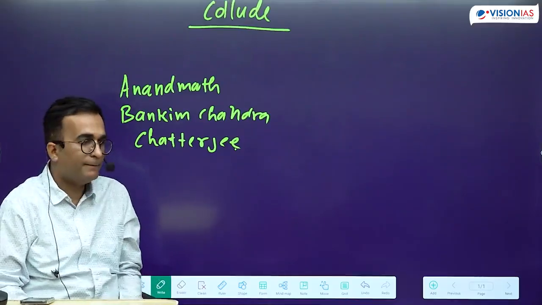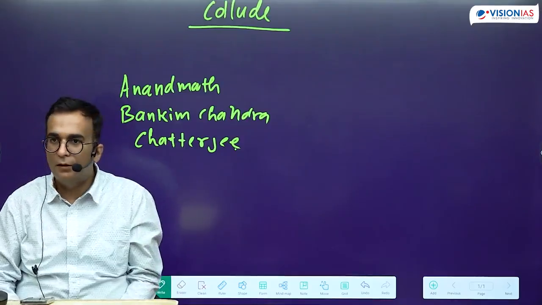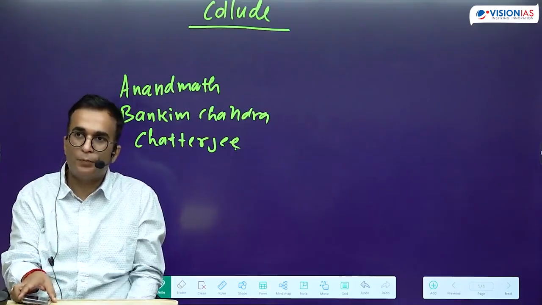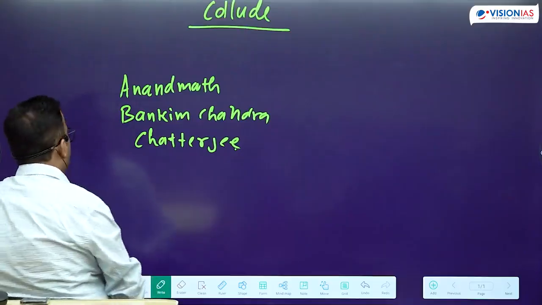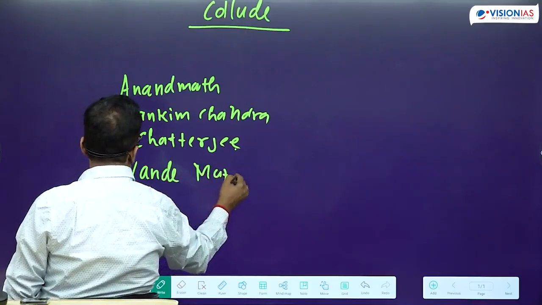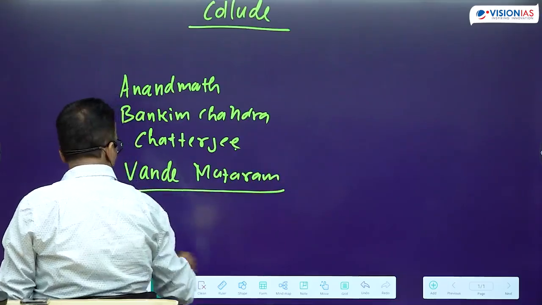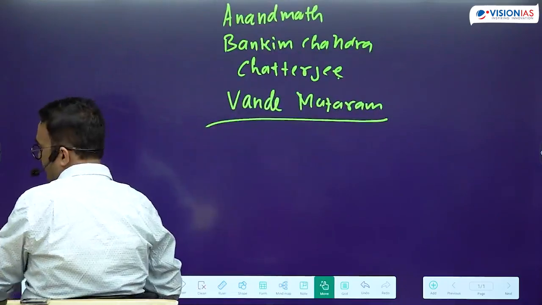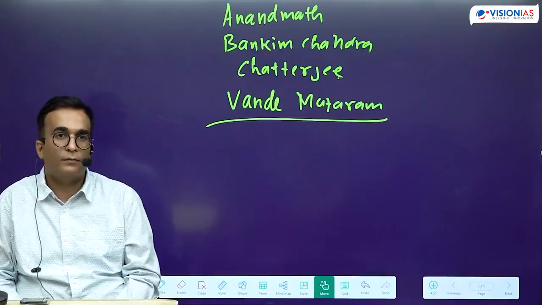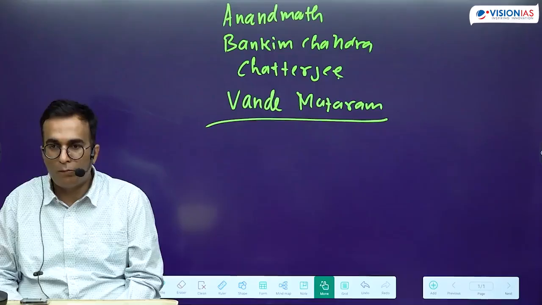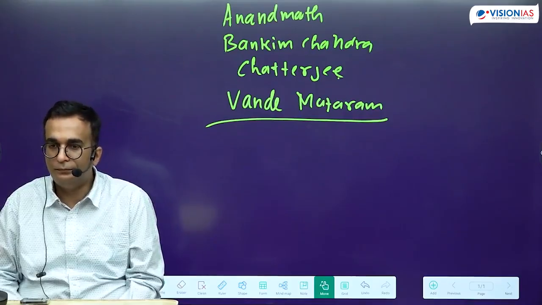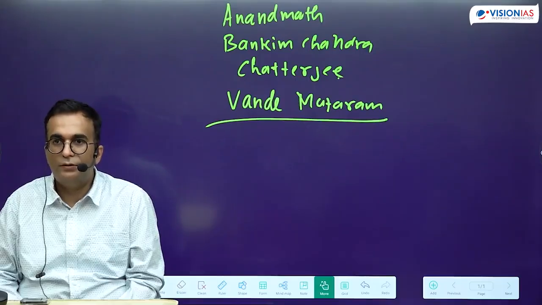Then mention one of the unique aspects of this novel was the song Vande Mataram, which later became the song of the freedom struggle.